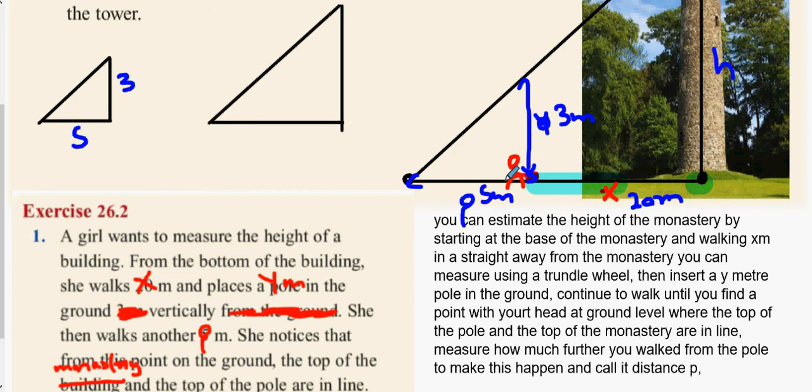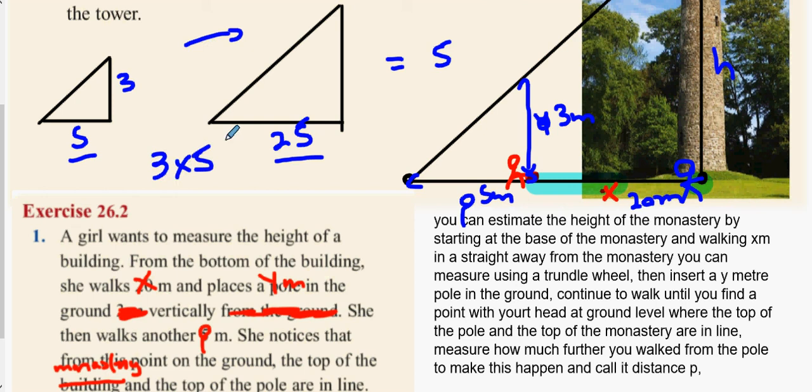The distance all the way across would be 25. What we did earlier was we said 25 divided by 5 equals 5, and the big triangle is 5 times bigger than the small triangle. Then we said 3 multiplied by 5 is 15 meters. That's what we did in question 1.